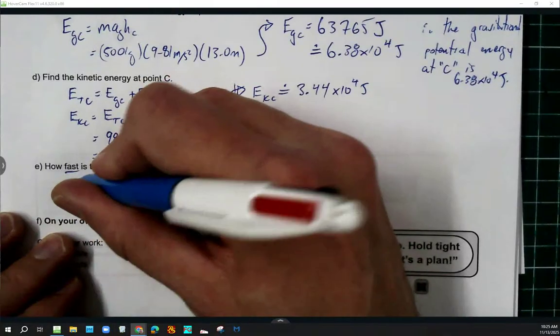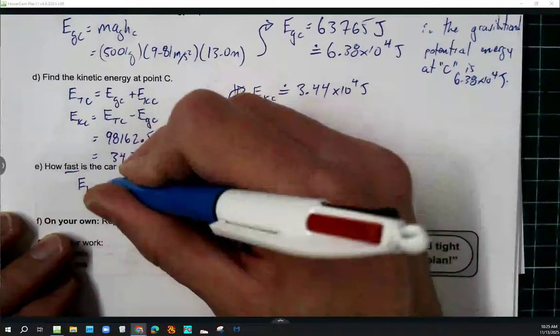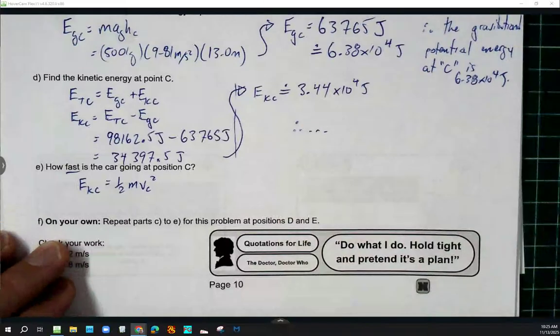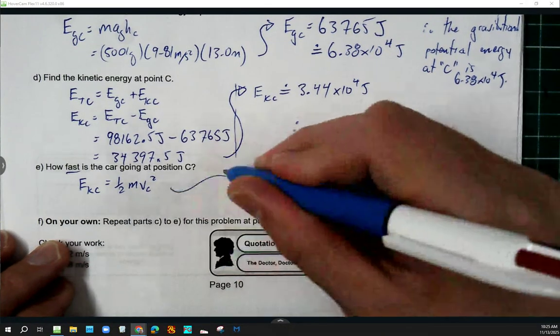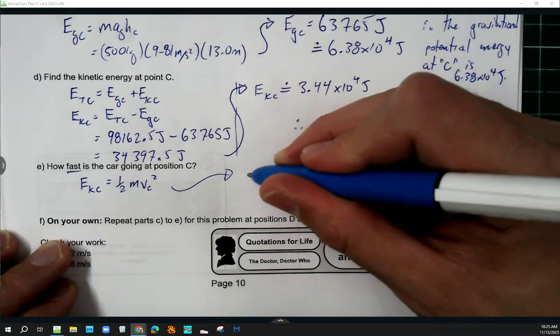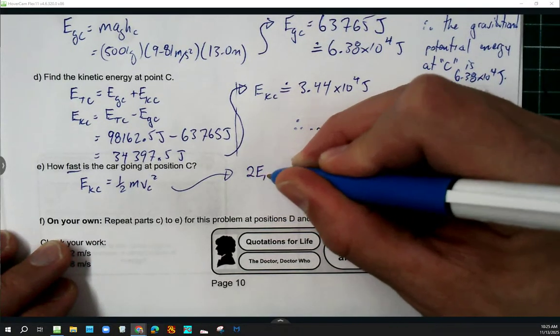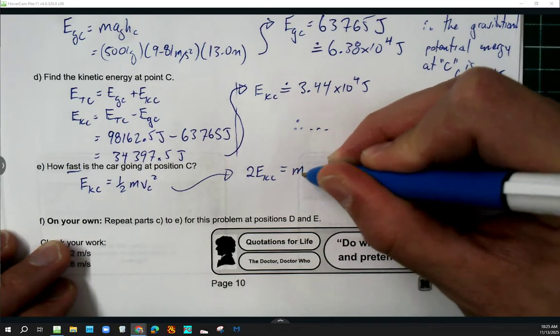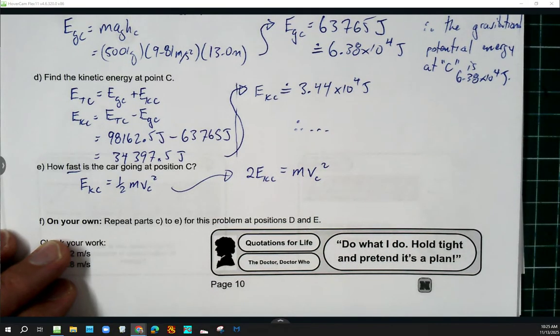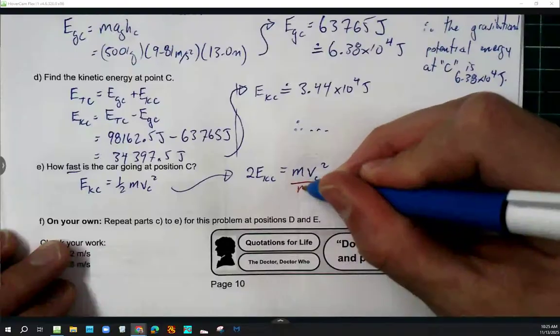I know that if I've calculated EKC in part D, then EKC is 1/2 MVC squared. And I'm just isolating for VC. I'm going to give myself a little breathing room here and go up here where I have some more space. I would say 2 times EKC, and I'll show all my steps this time, is M times VC squared. I just multiply both sides by 2. Then I could divide both sides by M. Cancel, cancel.